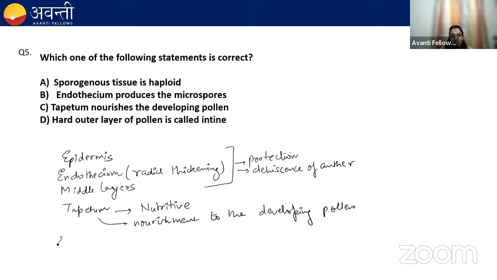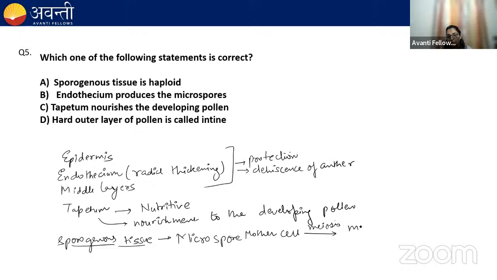And inner to the tapetum, the sporogenous tissue is present. Each cell of the sporogenous tissue forms a microspore mother cell. These microspore mother cells undergo meiosis and produce microspores.